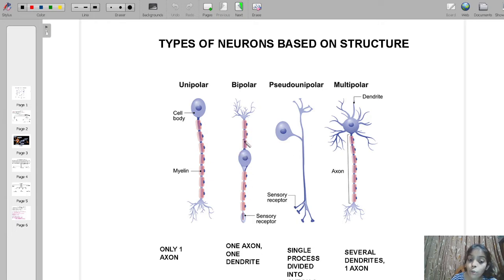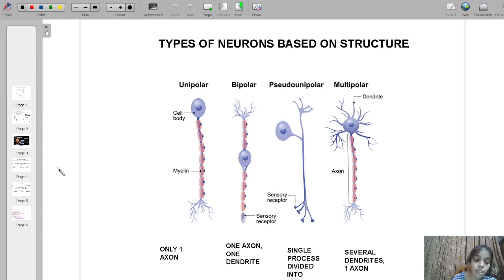In bipolar there were two processes, and in pseudo-unipolar there is one process which is divided into cyton and axon. And then comes multipolar neurons, where there are several dendrites but only one axon. So we have to remember one thing. Generally dendrites are branched, axons are unbranched. Dendrites are branched processes, whereas axons are generally unbranched processes. So these are the types of neurons based on structure.